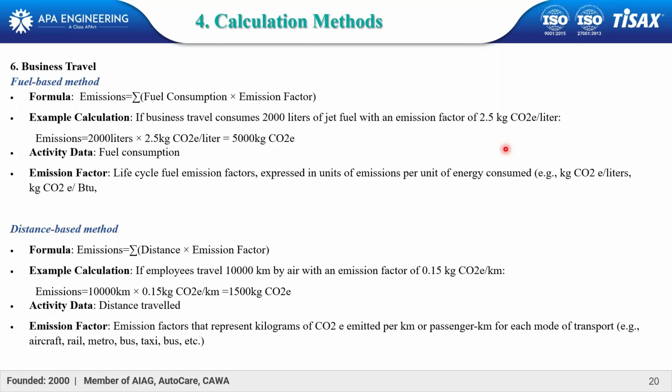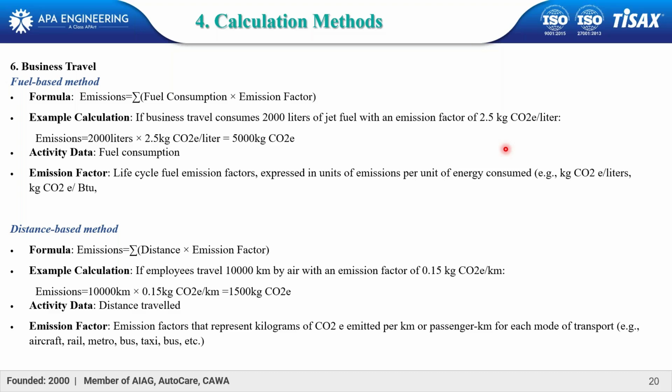So the second method is the distance-based method. Here the emissions are calculated by multiplying the distance traveled with the emission factor per kilometer. For instance, if the employee is traveling 10,000 kilometers by air, and the emission factor is 0.5 kgs of carbon dioxide emitted, the emissions will be a total of 1,500 kgs of carbon dioxide emitted.